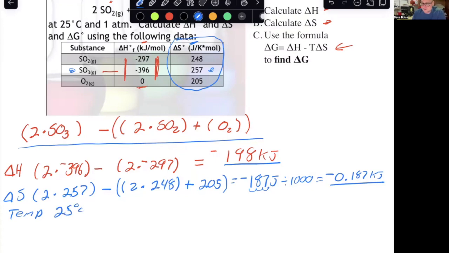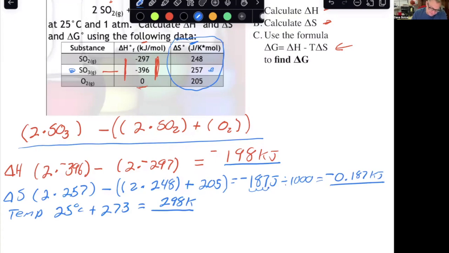Now I need this in Kelvin because this is not a delta T. It's not a change in temperature. If it's just temperature, it must be in Kelvin. So plus 273. And that's going to give me a final temperature of 298 Kelvin.